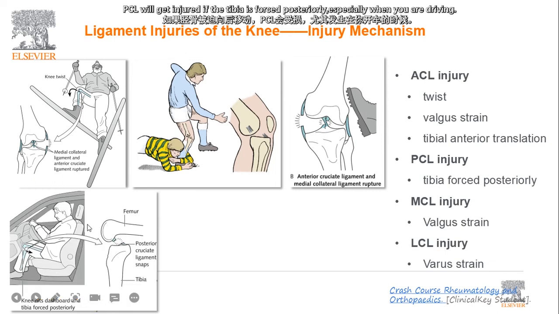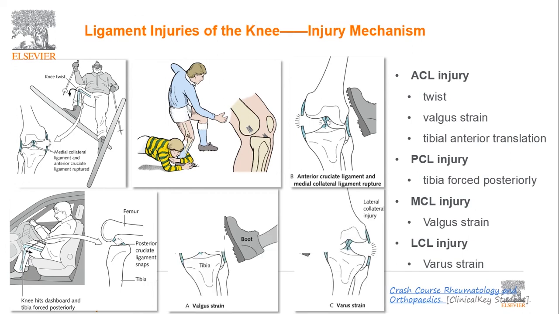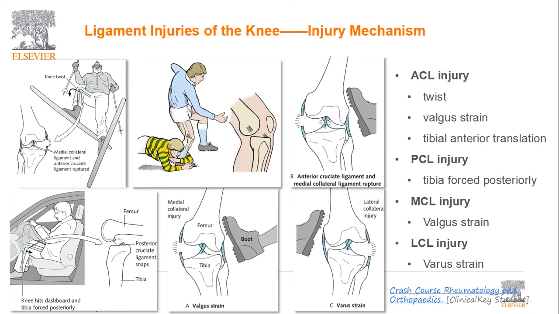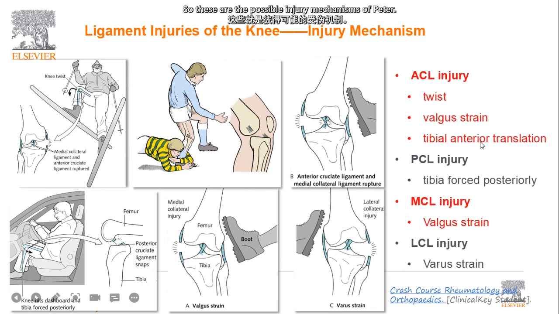PCL will get injured if the tibia is forced posteriorly, especially when you are driving. Consistent with their functions, the MCL and LCL injuries are often caused by the valgus strain and varus strain respectively. So these are the possible injury mechanisms of Peter.